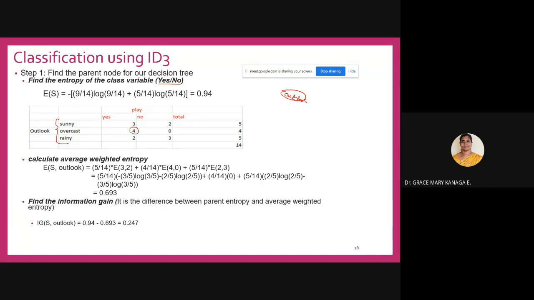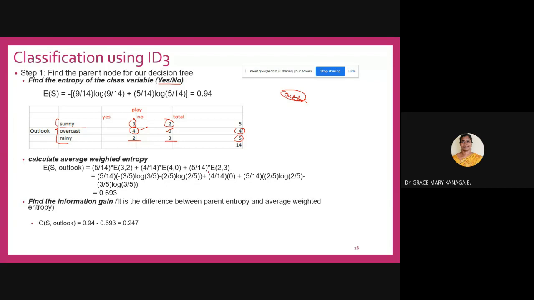So we are calculating the entropy of outlook, that is equal to 5 by 14 into entropy of 3 comma 2, that is for sunny, plus 4 by 14 into entropy of 4 comma 0, plus 5 by 14 into entropy of 2 comma 3, because this is for rainy.